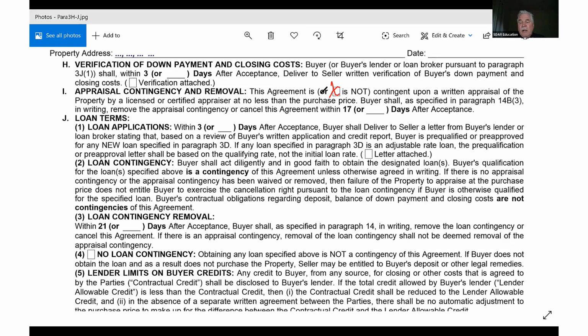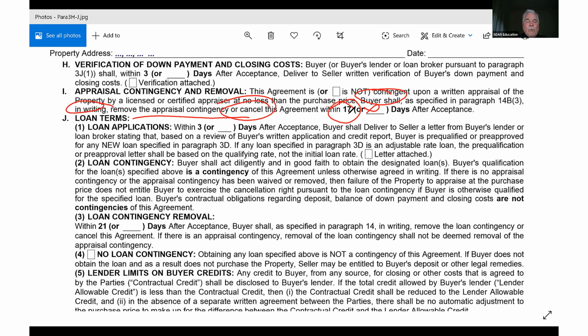We think you should leave the appraisal contingency in there, because what happens if the property doesn't appraise? Then the buyer's on the hook for the difference between the purchase price and the appraisal amount, in addition to their down payment. So it causes all kinds of harm, and we want to make sure we get that covered. Buyer shall, in writing, remove the appraisal contingency or cancel. It is a contingency of the transaction, and in this case, 17 days or whatever days you put in there.